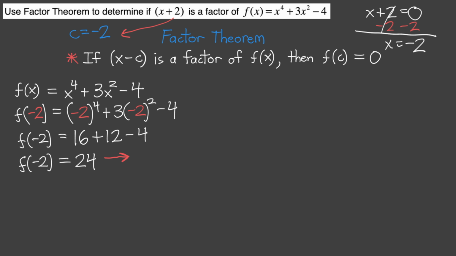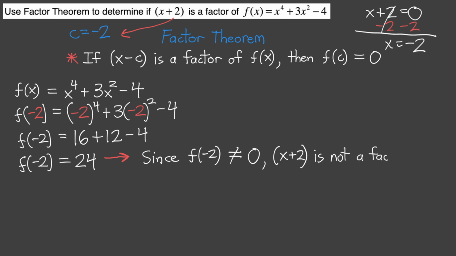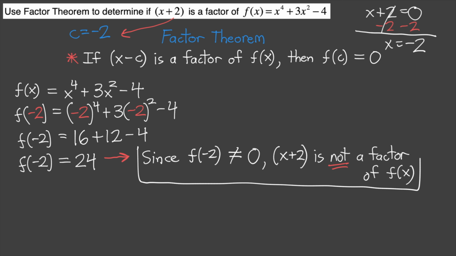So we'll say since f of negative 2 does not equal 0, that means x plus 2 is not a factor of f of x. All right, so there is our answer. So we'll go ahead and box that.